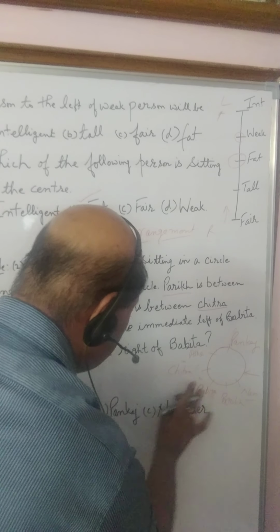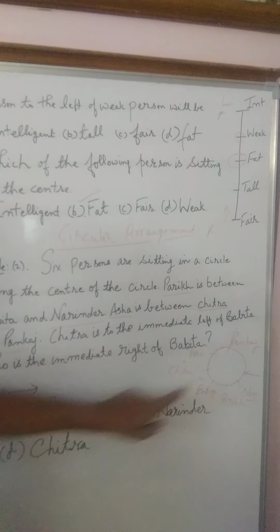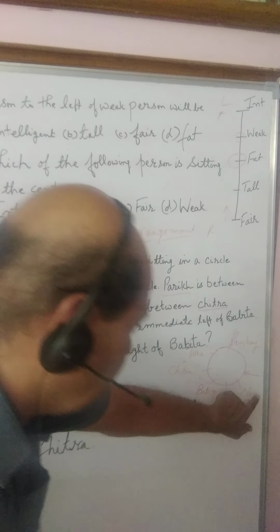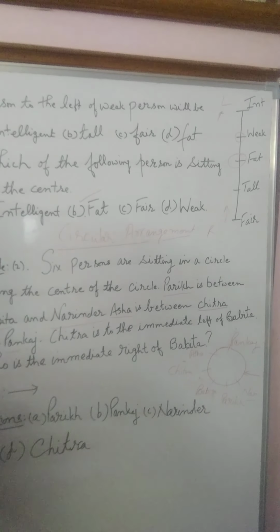So in this way, these 6 persons are sitting: Parik, Babita, Narendra, Chitra, Asha and Pankaj.